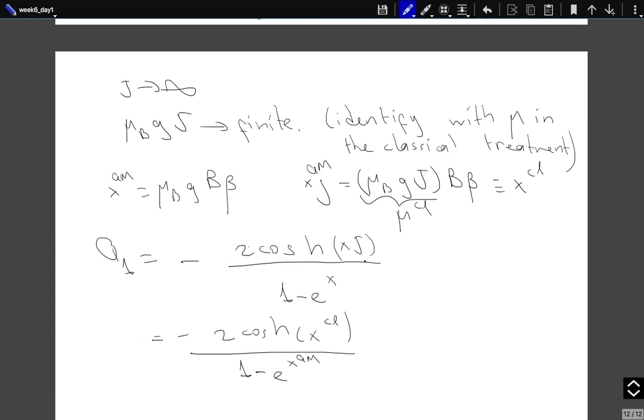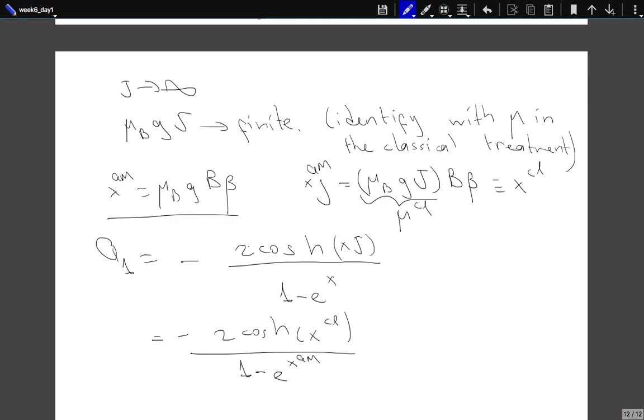So if that is the case, x times j, you see, x quantum mechanical is this one. This is the x parameter we define in quantum mechanics. In the classical theory, if I look at this one, G goes to 0 in the classical limit. B is some external field, beta is some temperature, mu B is just some constant. So G goes to 0.